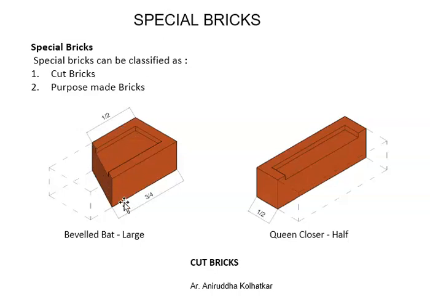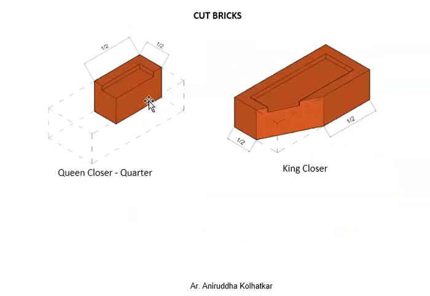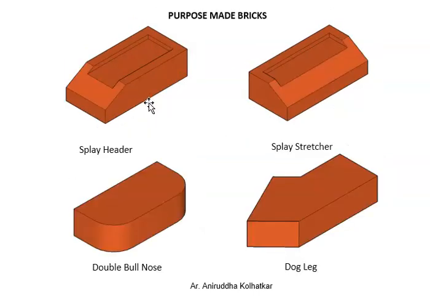Cut bricks are actually cut on site to that particular shape, while purpose made bricks are molded to a particular shape or size. In that we had seen different types of cut bricks, and we had also seen different types of purpose made bricks. So this is the end of the first part of brickwork. Thank you.